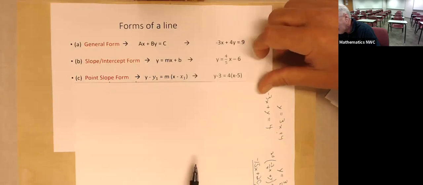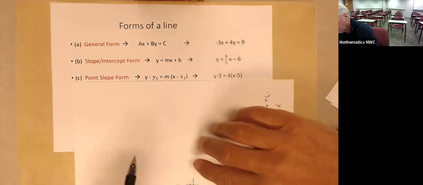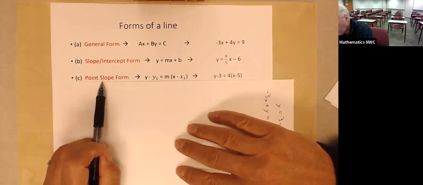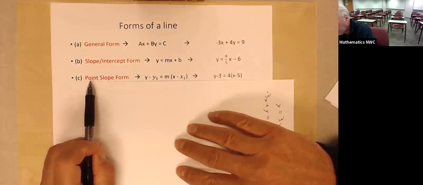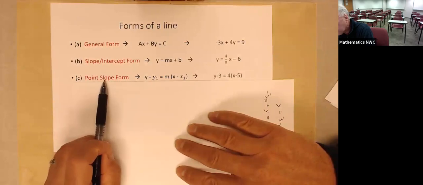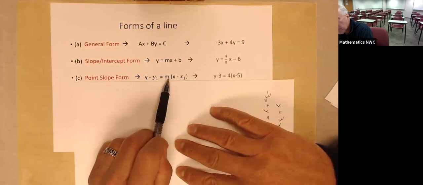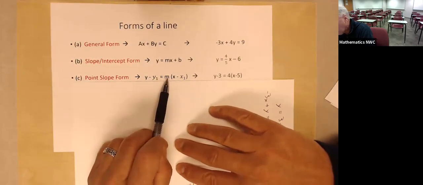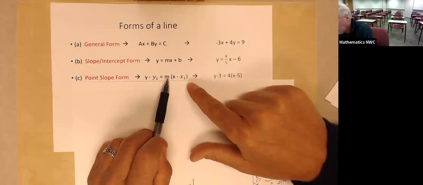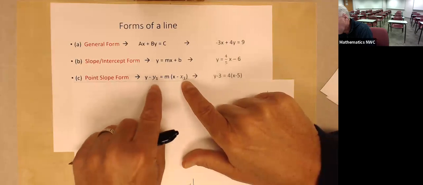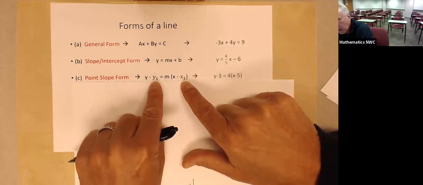Here's one that maybe is not as familiar. Point-slope form. The reason we call it point-slope form is it's a form that displays a point on the line, and it's a form that displays the slope. For example, right here, m is my slope again, and my point that's on the line has x1 as a coordinate and y1 as a coordinate. So these two coordinates are going to be a point that's on the line.